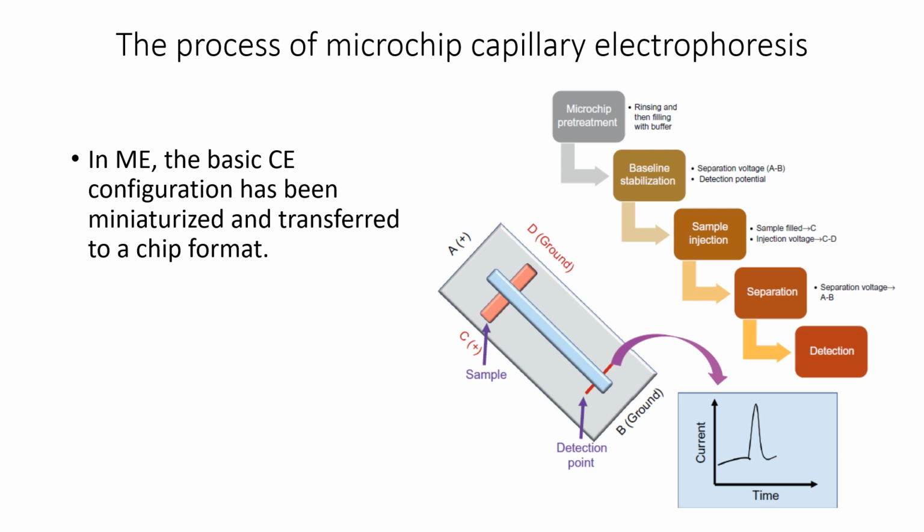With it, it is possible to integrate injection, separation, and detection on a single microchip with typical channel length of 5 cm to 15 cm. So that's the microchip capillary.